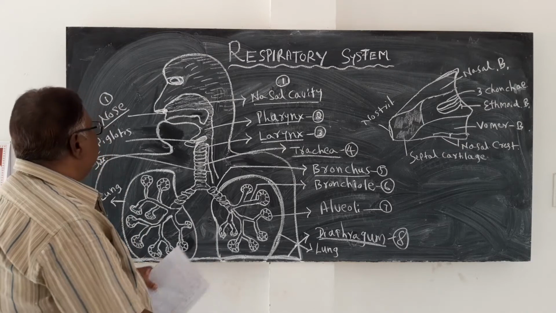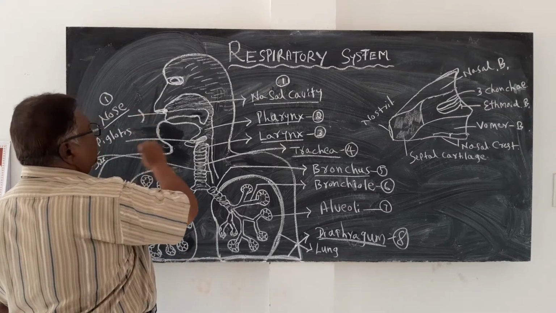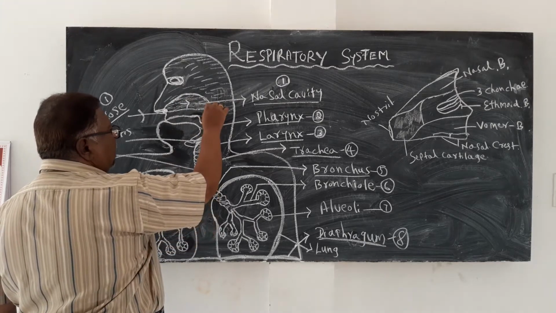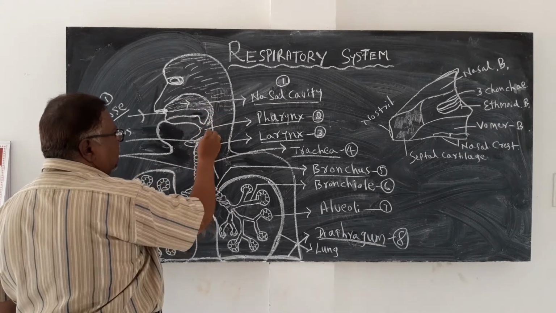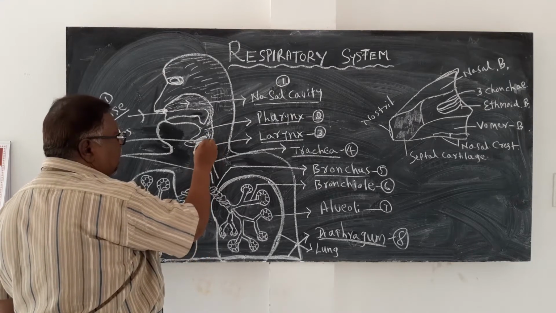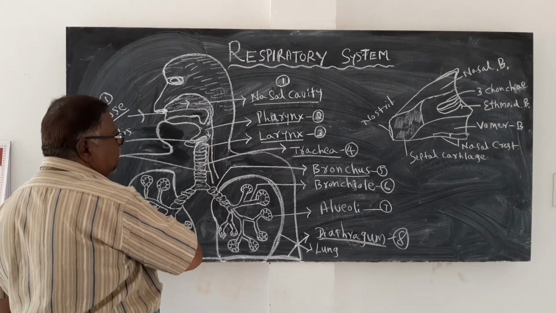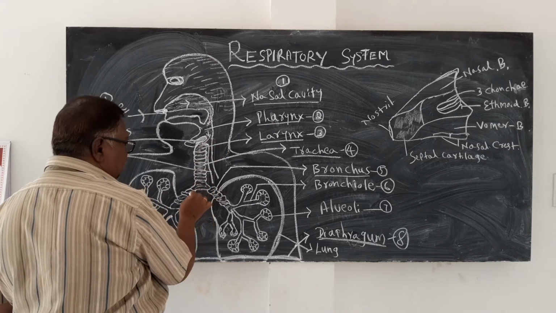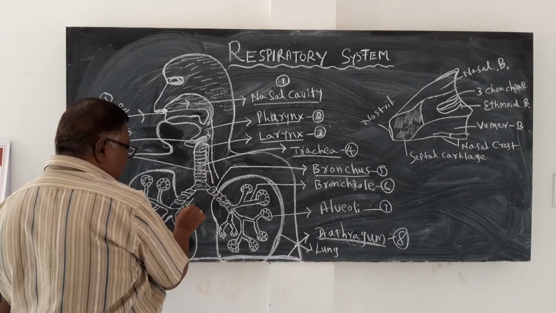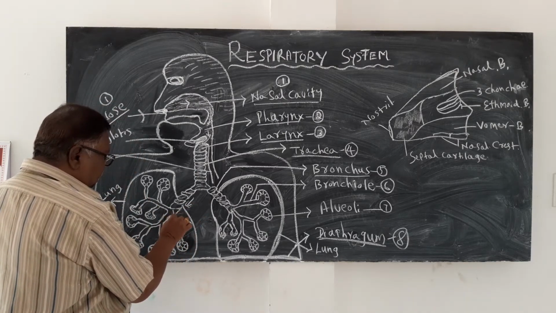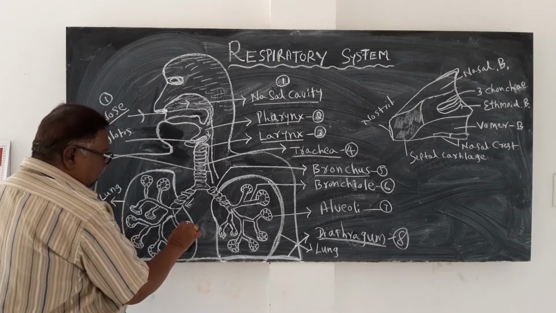The air present in the lungs is expelled out through the nose. So the air travels from the nose to the nasal cavity, then to the pharynx, then to the larynx, and then to the trachea. From the trachea it goes to the lungs, and in the alveoli region of the lungs, the gaseous exchange takes place.